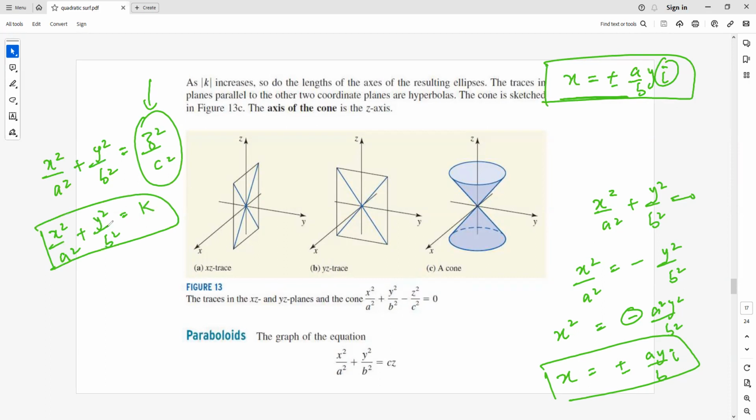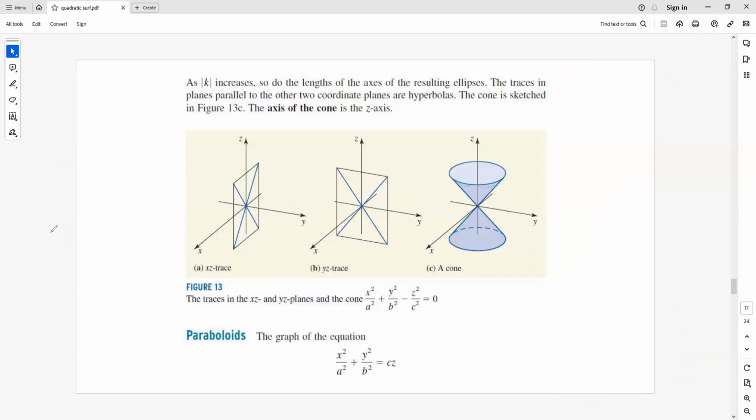So we can see that the xy trace will be ellipses, right? So it will be elliptical like this. And here also we can see like this, and here also we will have ellipses like this, right? So this is the surface represented by this equation, which is called the equation of a cone.